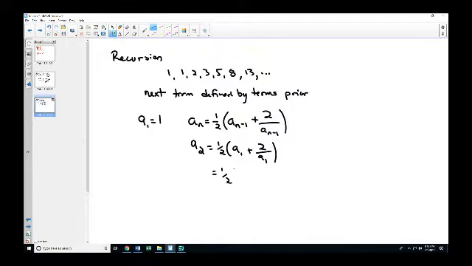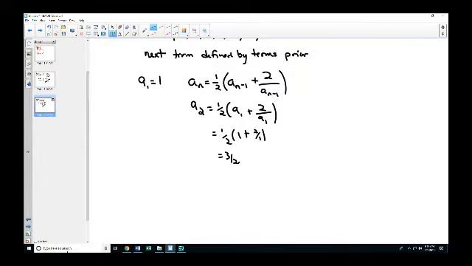One half, 2 plus 1 is 3 over 2. Could you do a sub 3? A sub 3 would be one half a sub 2 plus 2 over a sub 2, right? And you plug 3 halves in there, calculate. See, that's recursive. Keeps on building.